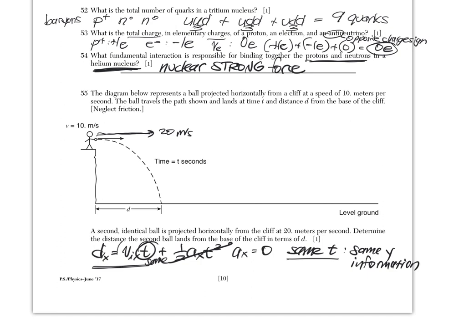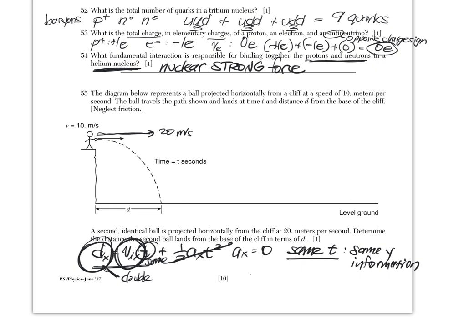But my speed is twice as much. I'm going twice as fast because I'm going 20 meters per second instead of 10 meters per second. So with twice as much speed, I'm going to get twice as much distance. So in terms of d, how far is it going to go?